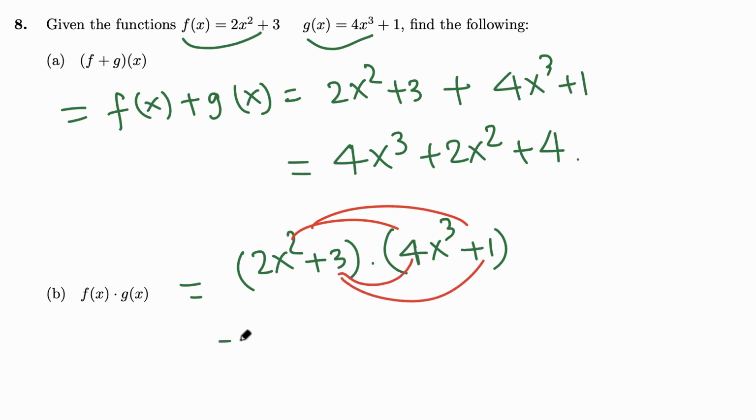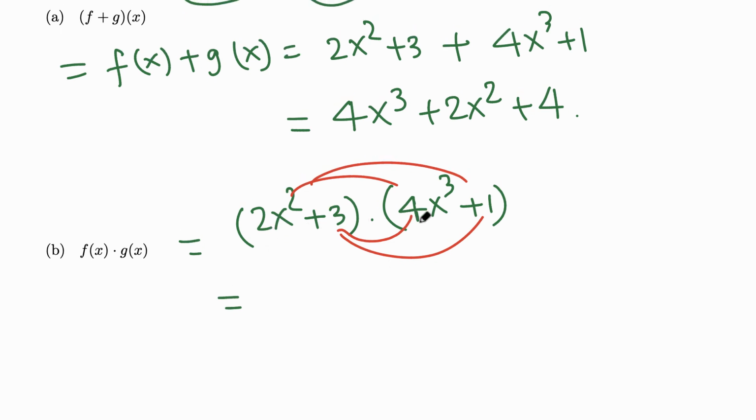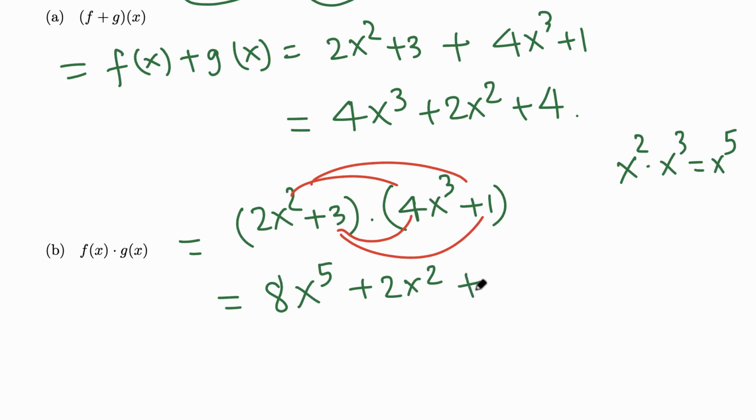Okay, that is 2x squared times 4x cubed, 8x squared times x cubed, x to the fifth. When you multiply x squared and x cubed, that is x to the fifth. Then 2x squared times 1, just 2x squared. 3 times 4x cubed, 12x cubed, plus 3 times 1, 3.